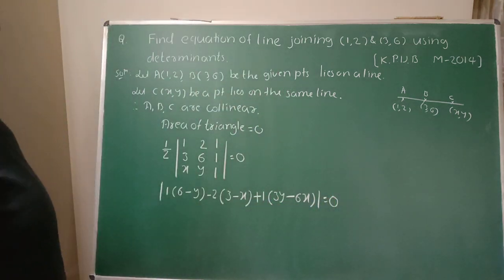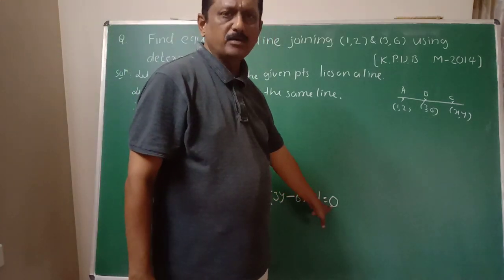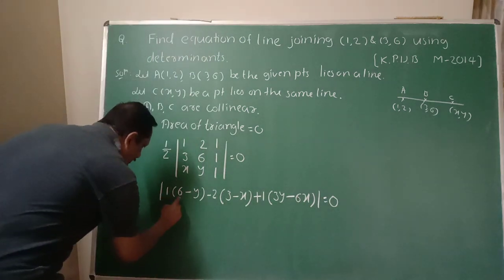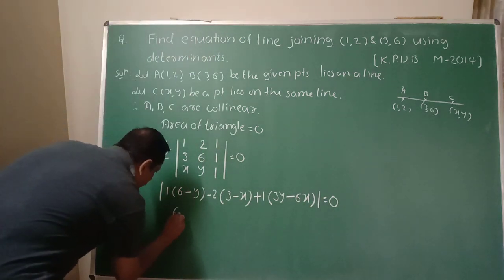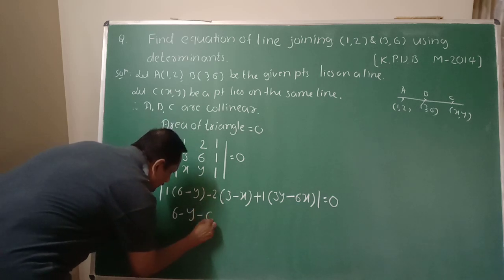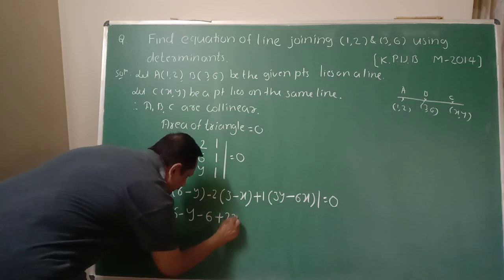If you remove the modulus sign, this becomes plus or minus here. Plus or minus 0, 0 is again 0 only. Hence 1 into 6 minus y is 6 minus y. Minus 2 into 3 minus x here. Minus into minus 2 into x is 2x here.